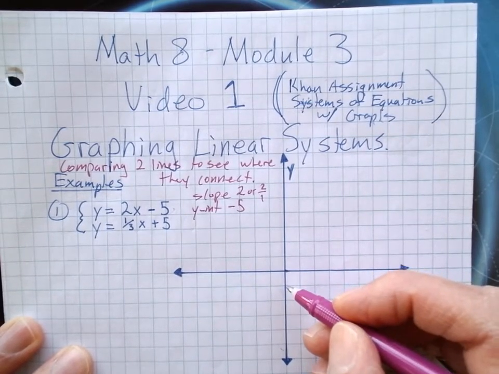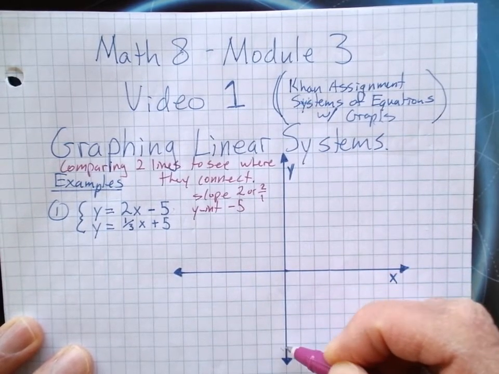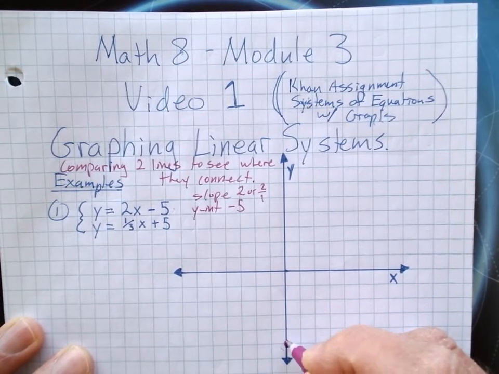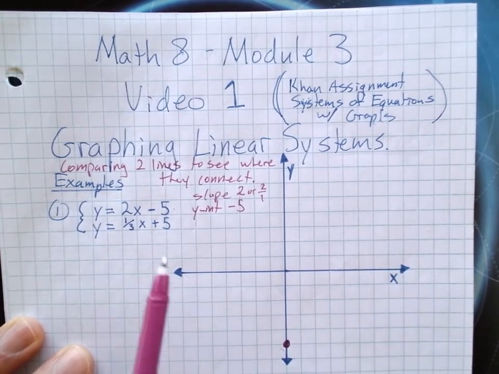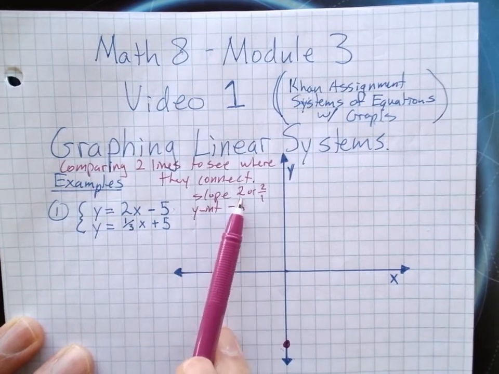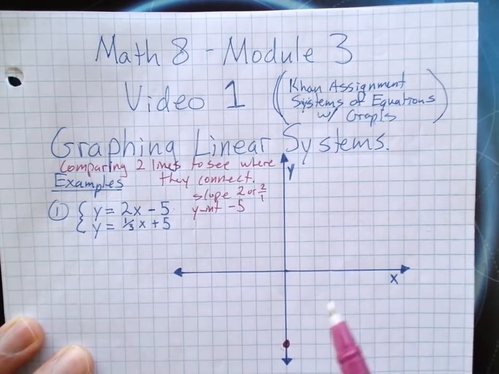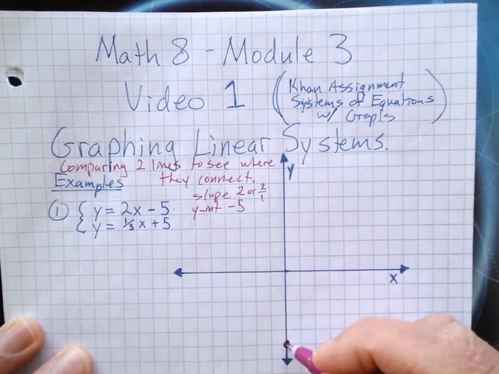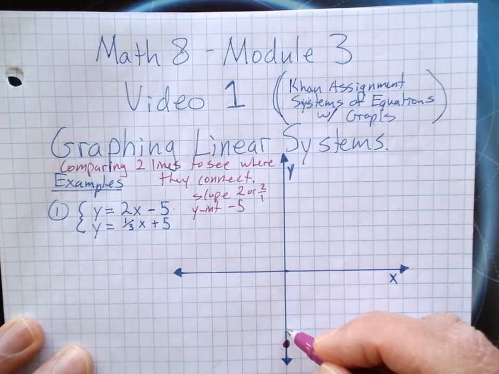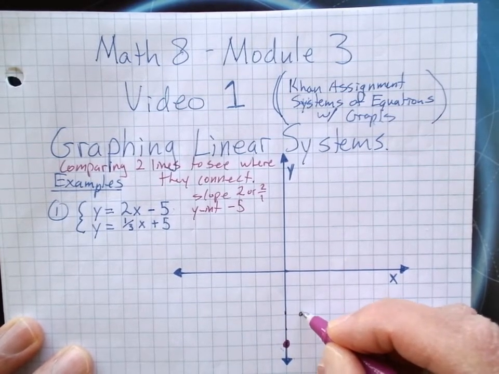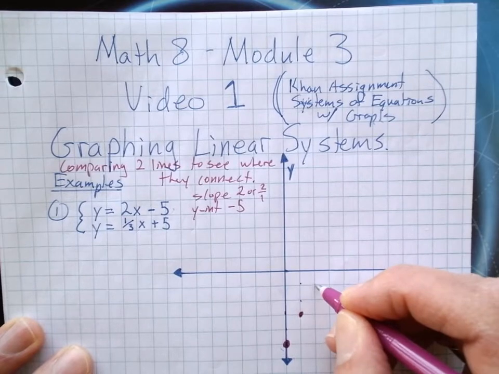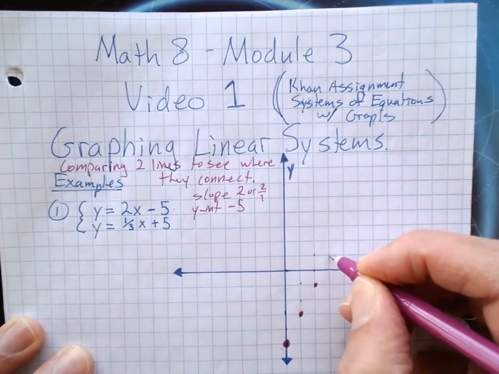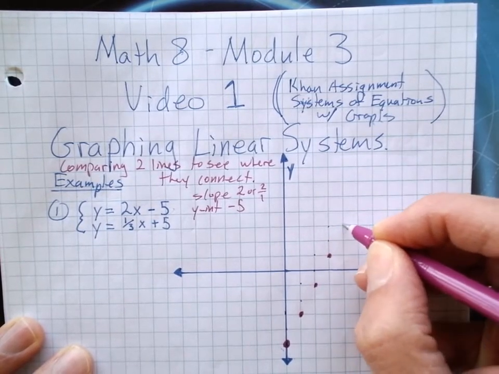If my y-intercept is -5, here's the origin. I'm going to go down 5: 1, 2, 3, 4, 5. I'm going to make a point. And then my slope is 2, or 2/1. Remember, the top number is how I count up. So from the y-intercept, I count up 2 over 1, up 2 over 1, up 2 over 1, up 2 over 1.